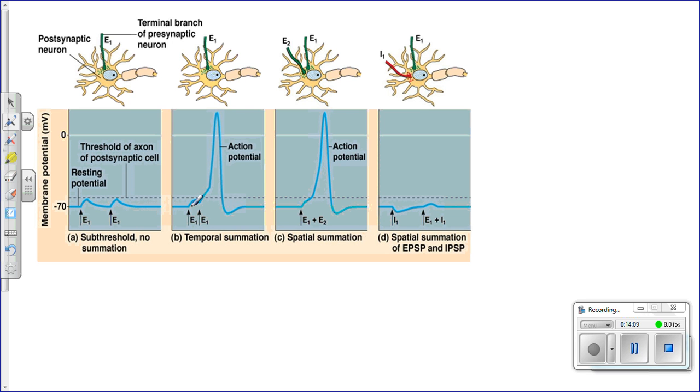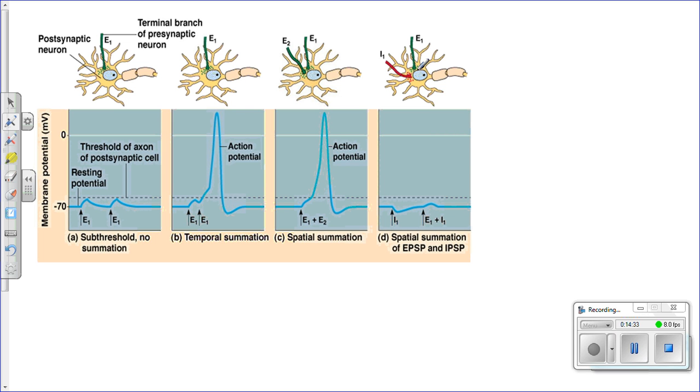Whereas if the two signals come in quickly, it gets it over the threshold, and the thing fires. We could also have two signals coming in, doing a graded piece, and when they grade together, the summation allows the threshold to be reached, and the action potential to fire.